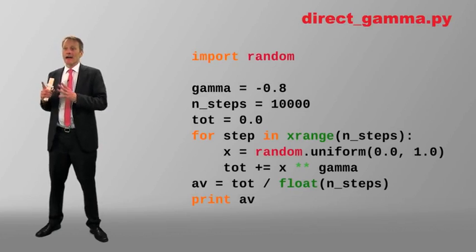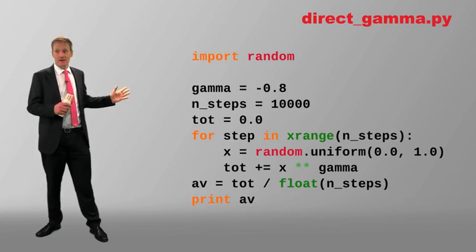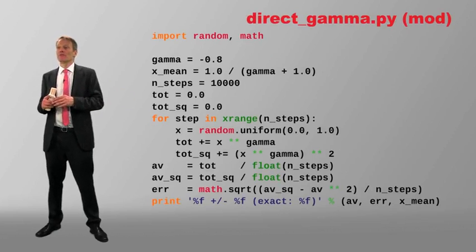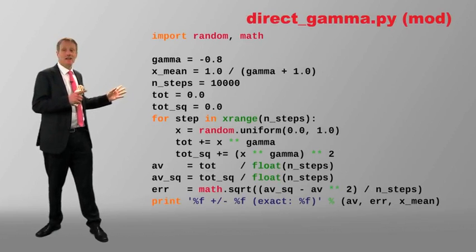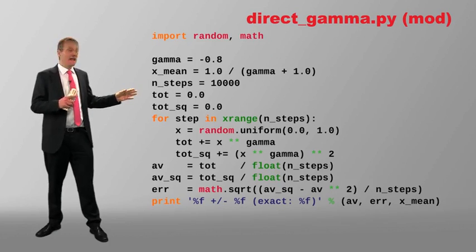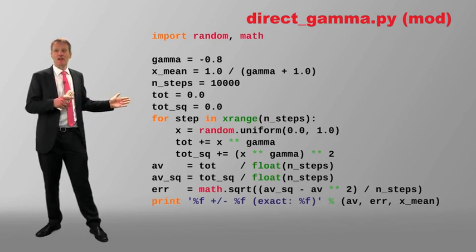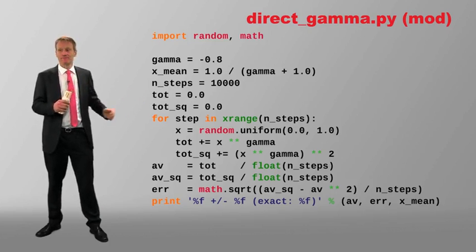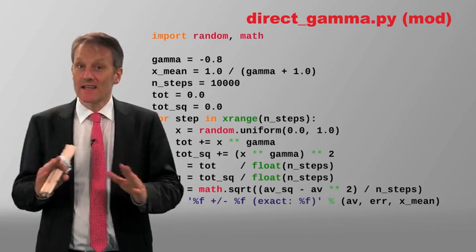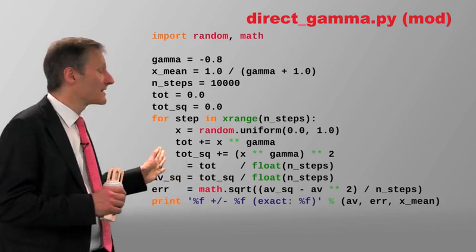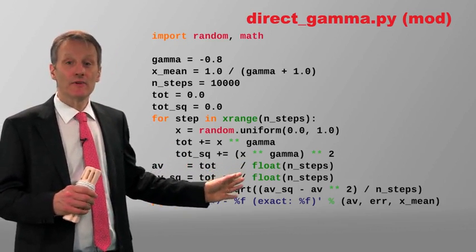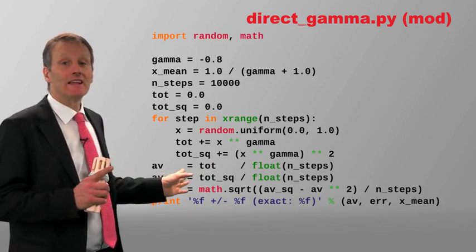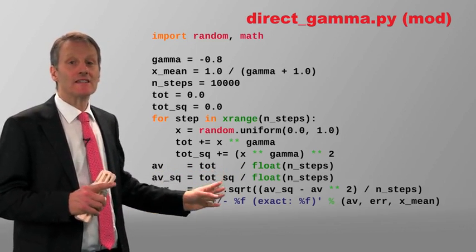We are adding a few lines to do the error analysis. We compute the mean value, we compute the mean square value, and afterwards we output the value of the gamma integral plus or minus the error. You notice that here we have a direct sampling algorithm, not a Markov chain sampling algorithm, so that the Gaussian error analysis is okay.